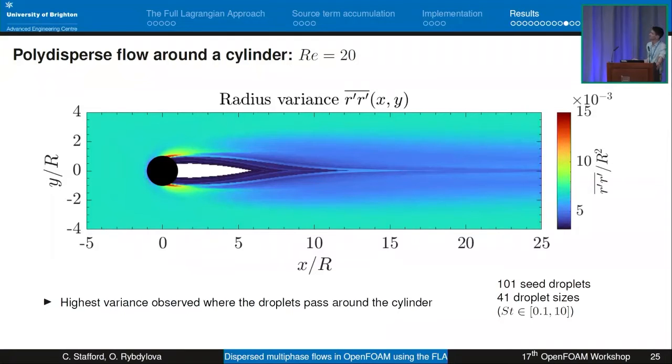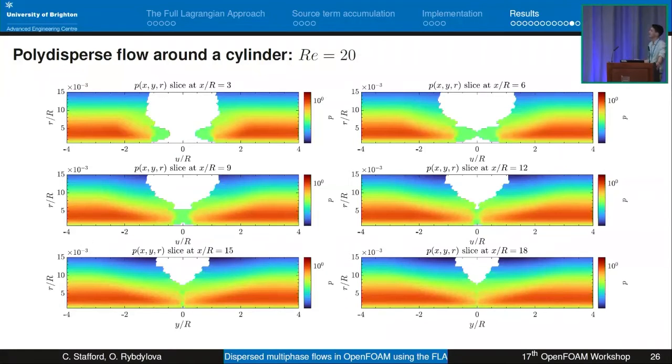So that's the steady state cases, and I'll go briefly on to the polydispersed cases. Before I do, I mentioned I integrated out the size distribution. Actually, you can visualize slices of this. These are 2D example simulations, but the data set is actually 3D because we've got this extra dimension in size.